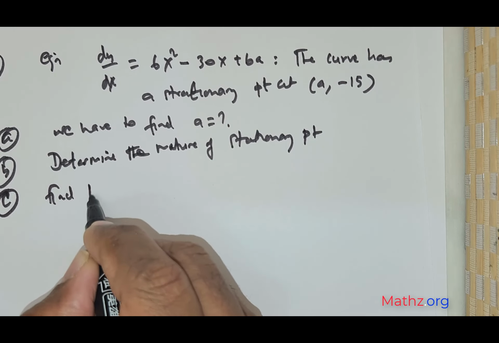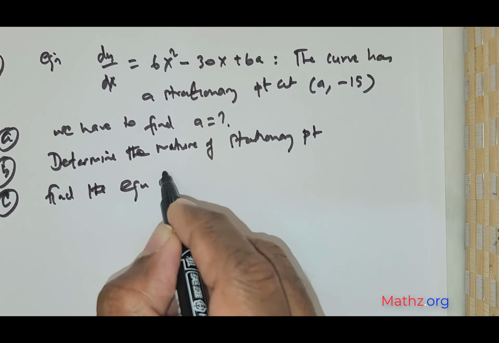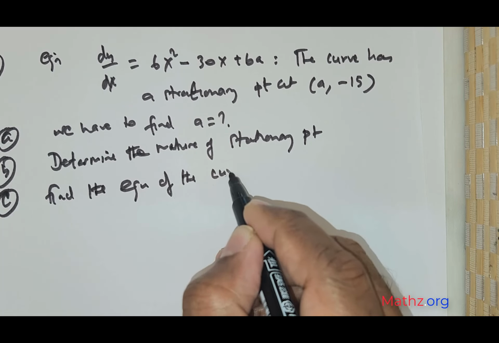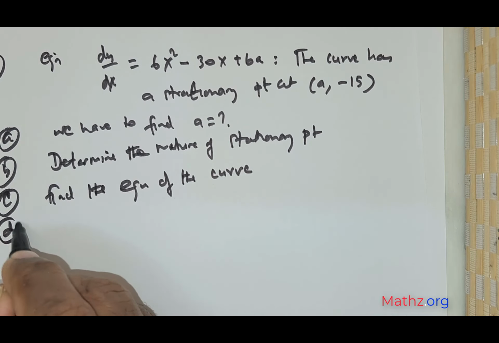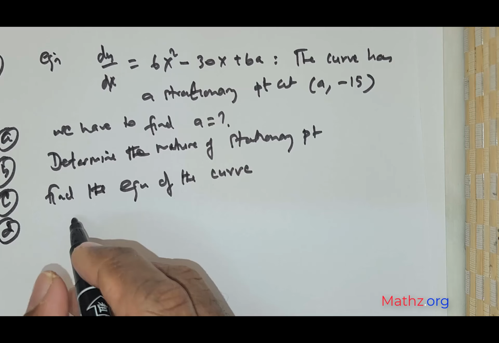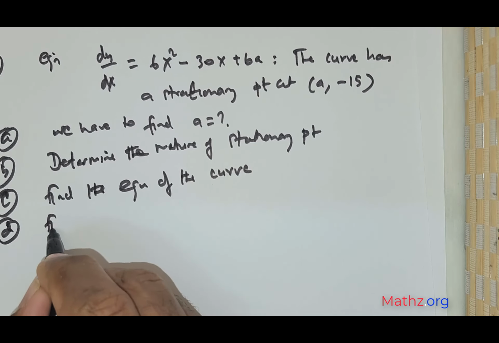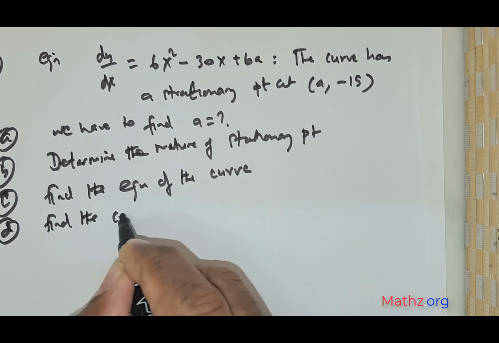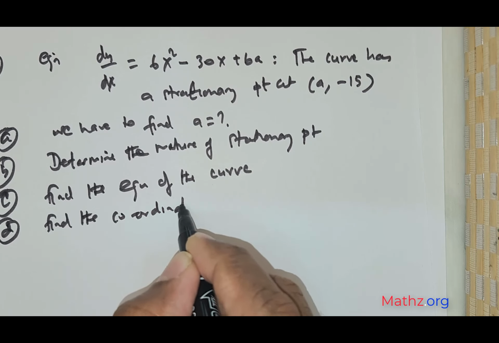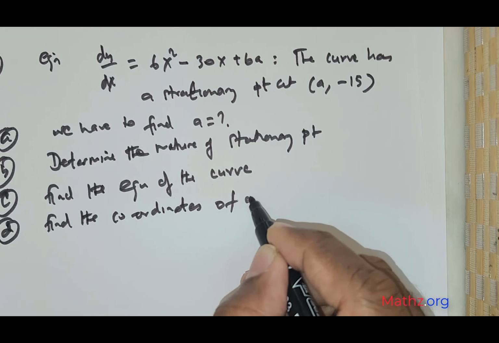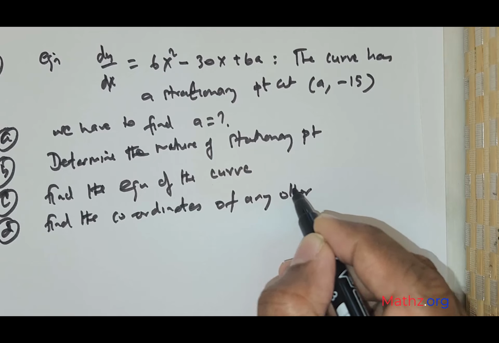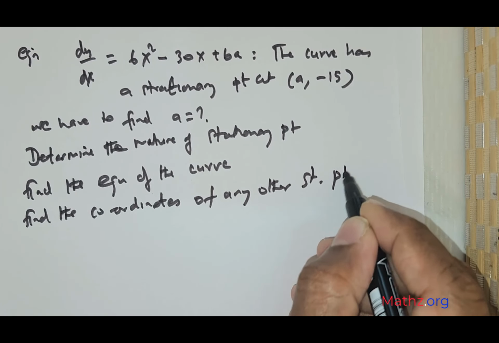C, find the equation of the curve. And D, find the coordinates of any other stationary point.